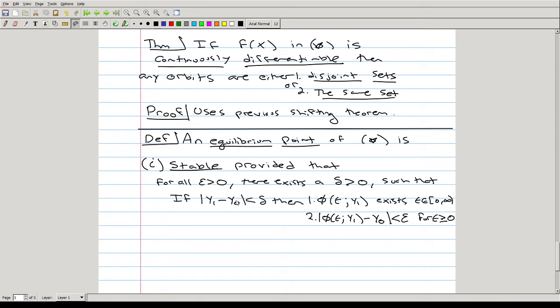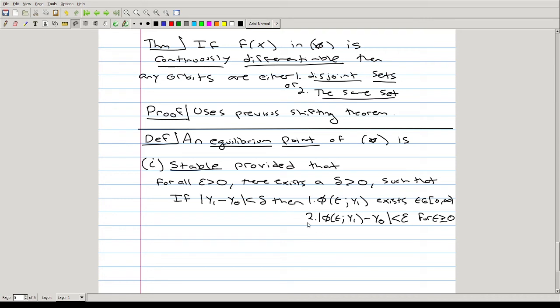It says that for any initial condition y1 that's close to y0, and for any tolerance epsilon, if the distance between y1 and y0 is less than a small enough value, there has to exist an initial condition close enough to the point y0 that the solution stays within epsilon of that value y0.